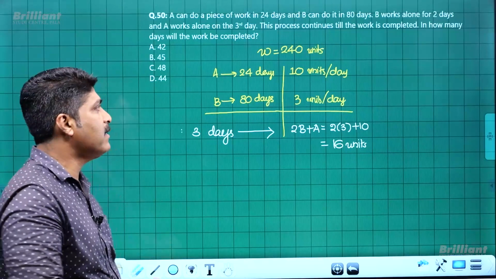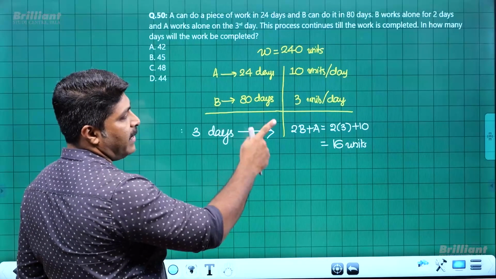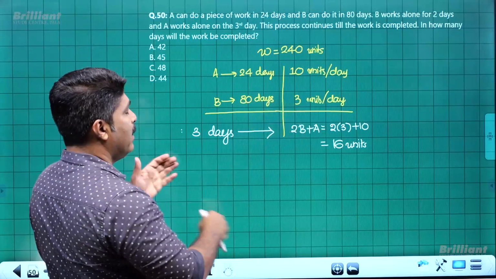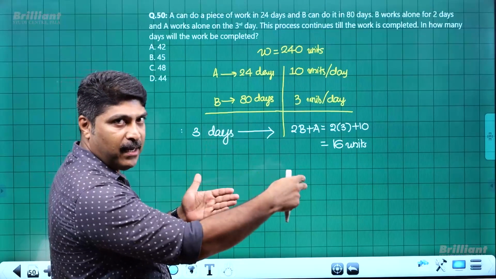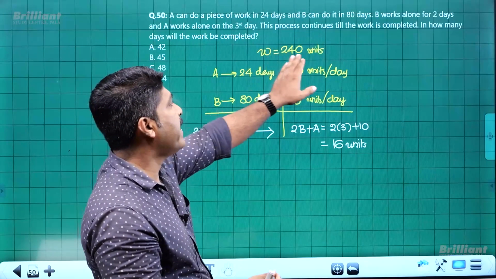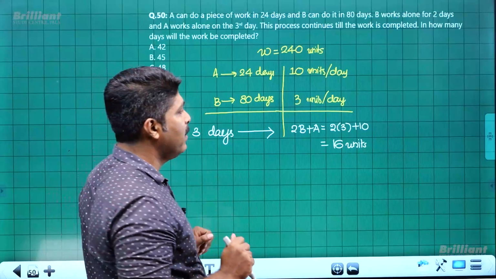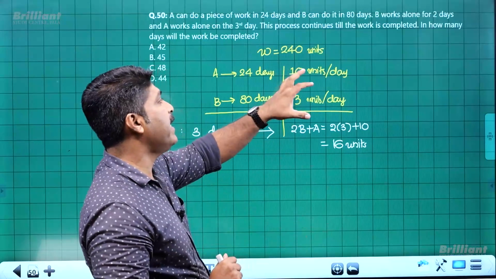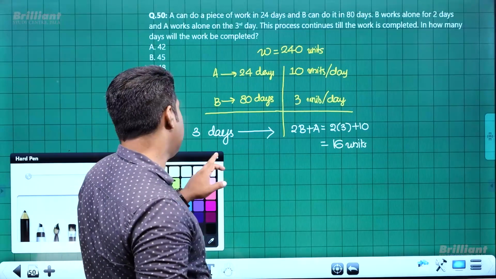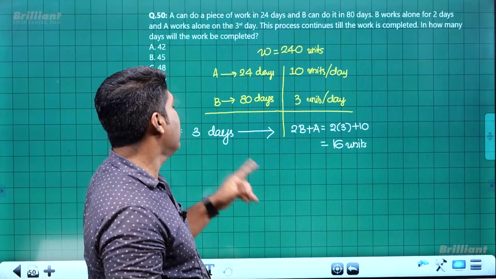Otherwise, you can just write it like this. First day 3, second day 3, because B started the work. After 2 days, A will join. 3 plus 3 plus 10, 3 plus 3 plus 10. So after how many steps can we complete 240? That's a simple trick. Therefore, you have to divide the total quantity of work by the quantity of work done in 3 days.